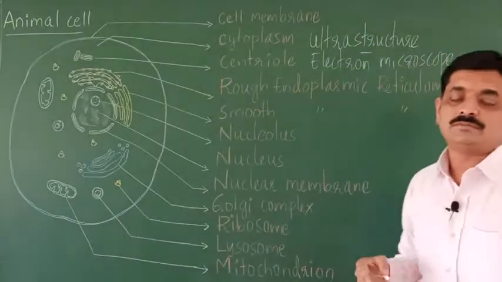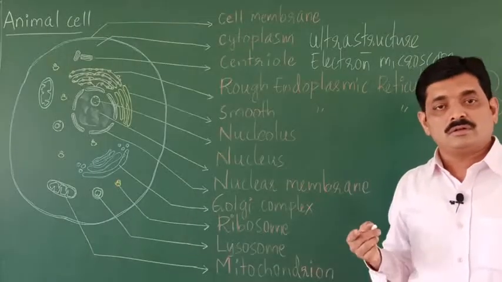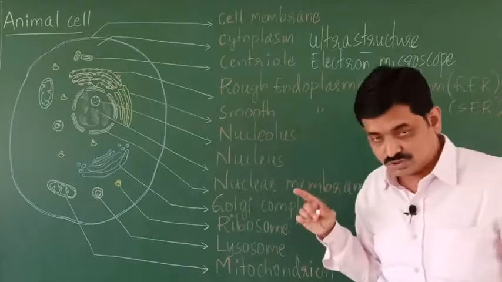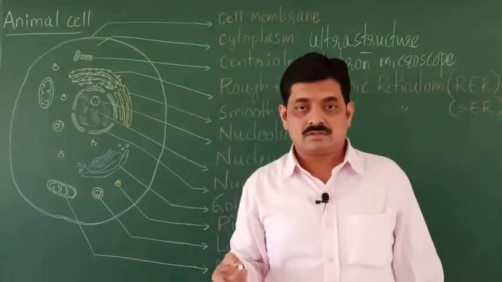Right? Any structure that is observed in an electron microscope is called ultrastructure. So this is the ultrastructure of an animal cell.